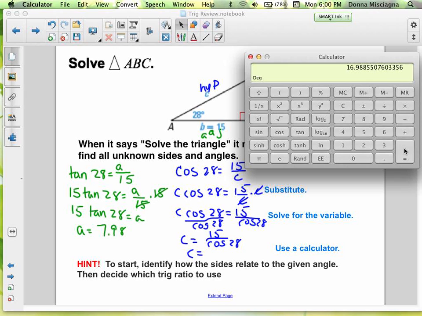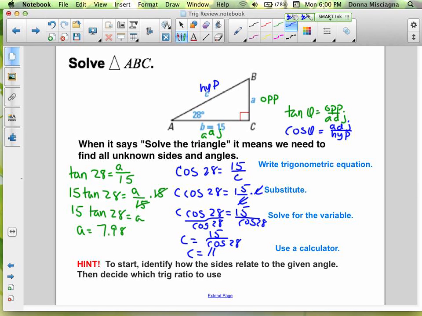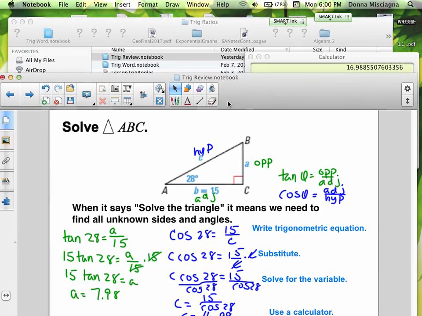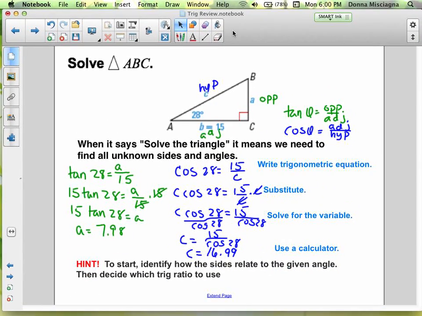If we wanted 3 decimal places, that would be 16.989. So 16.99. All right, so we have finished finding the two sides. Let me just double check that number. Yeah. And now let's find the missing angle, which is really easy.